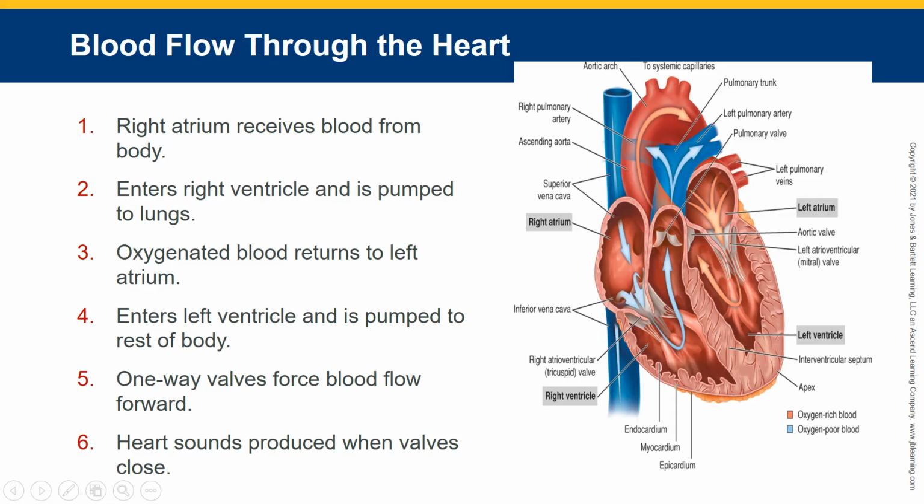As I said, one-way valves force the blood to keep going forward, and the heart sounds we hear, that boom, boom, are those valves closing, and so they coincide with the beating of the heart.